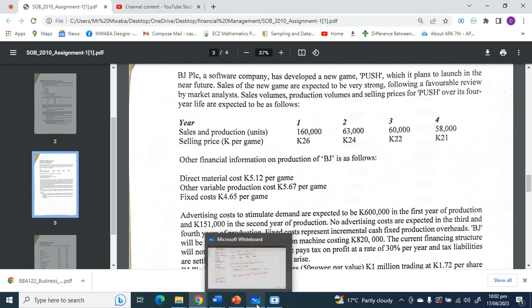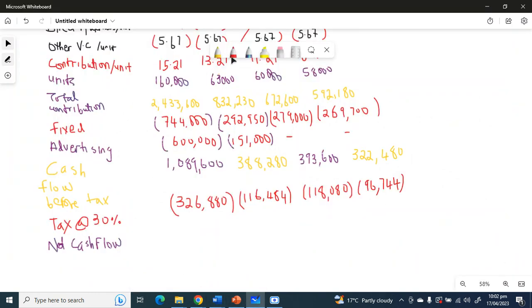Yes. Here you represent it as a negative because you are paying for this machine, so money is coming out of your pocket. So 820,000 here.